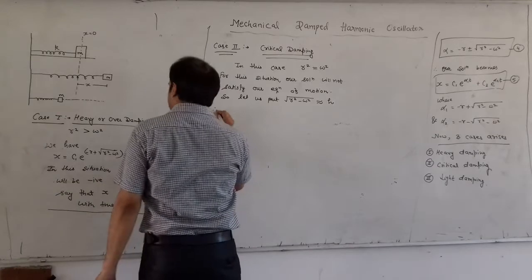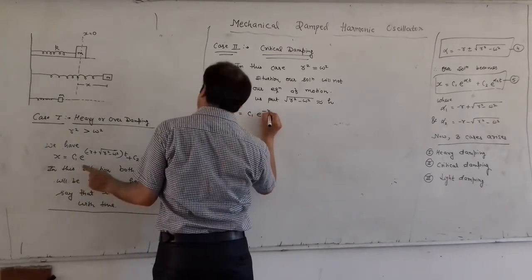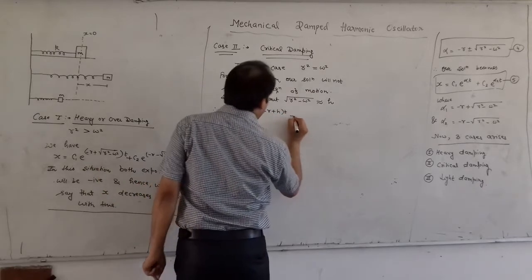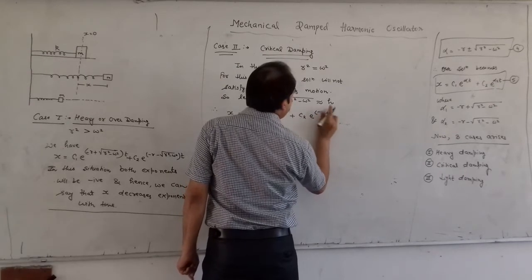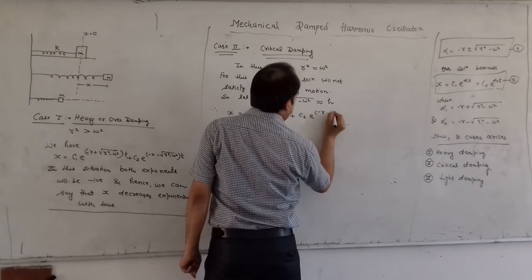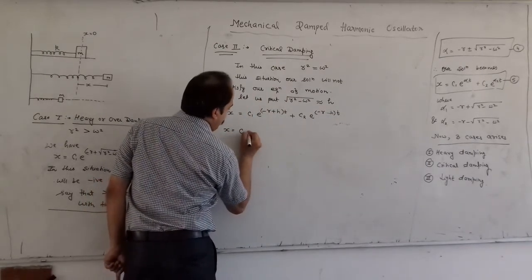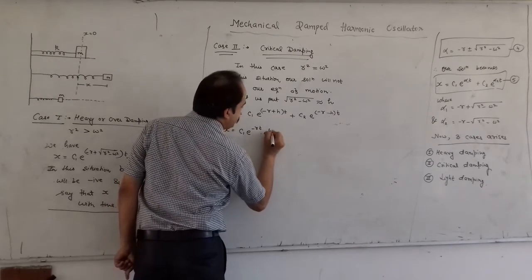Therefore we will have x is equal to c1 e to the power minus r plus h into t plus c2 e to the power minus r minus h into t. So we can write c1 e to the power minus rt and e to the power ht.